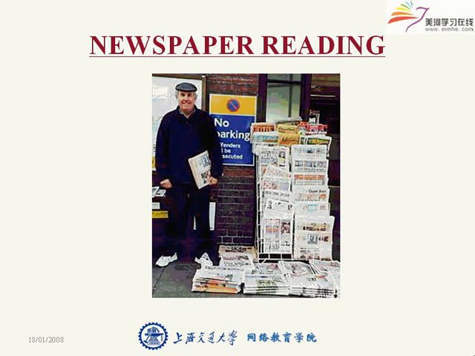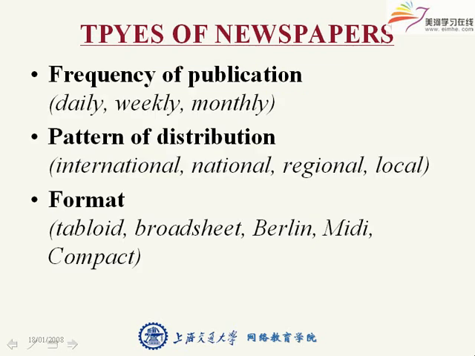Right, then we have different types of newspapers. There are different ways how to qualify a newspaper. So why do we need to know this? Because it gives you a clue on how to study different sorts of material. Different sorts of documents hold information in different places and different ways, and they have different depths and breadths of coverage.